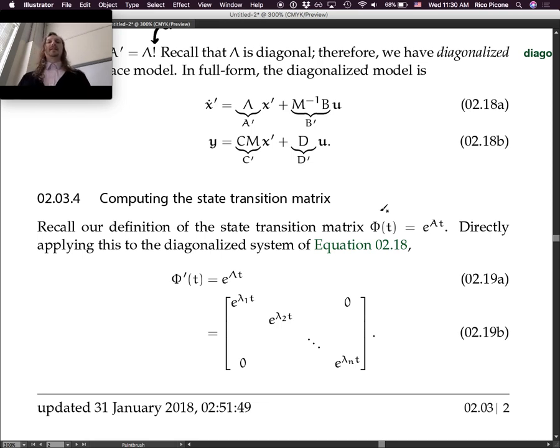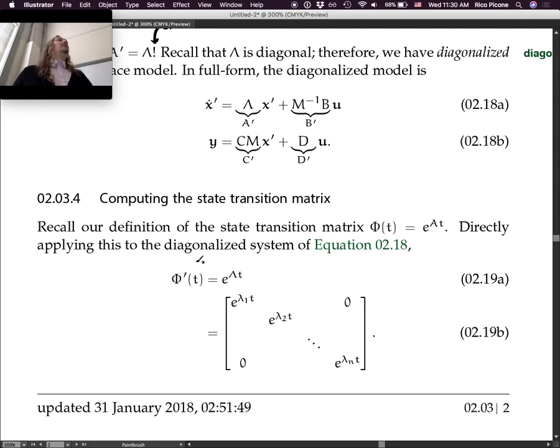Directly applying this to the diagonalized system of equation 218, so we're going to use this expression, but with A being lambda, because we're going to do this for the diagonalized system. So our phi prime, our primed state transition matrix, is equal to e to the lambda t.